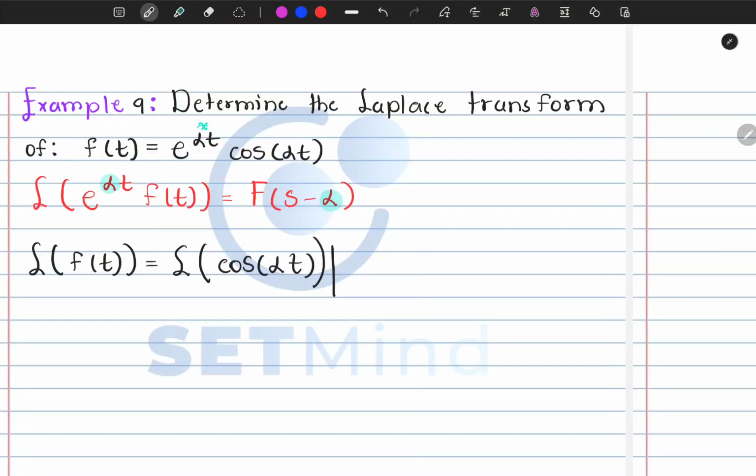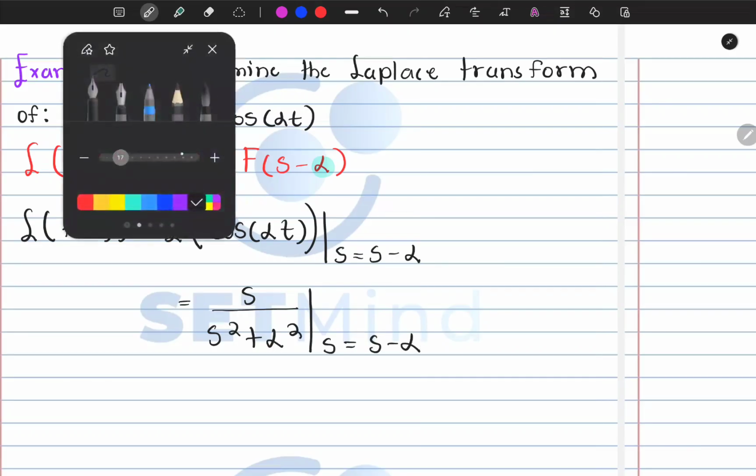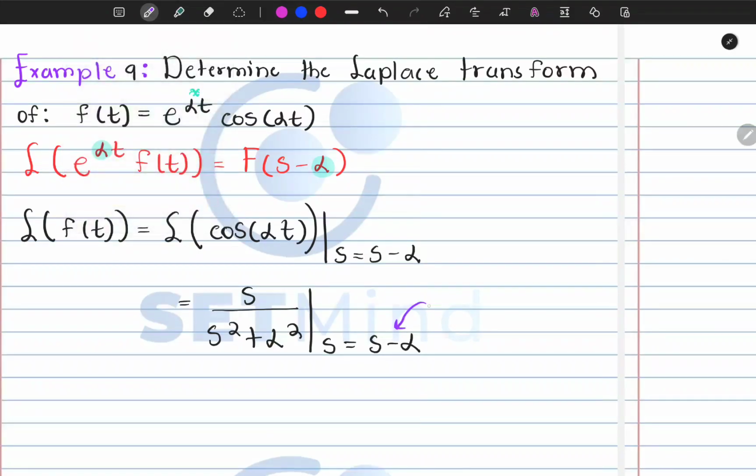But to account for the exponential term which causes a shift, wherever I see s, I'm going to put s minus alpha. So for the cos one, if you remember, we have s over s squared plus alpha squared. That is what we get. But because of the shift, I'm going to replace s with s minus alpha. This one here comes from the exponential term.